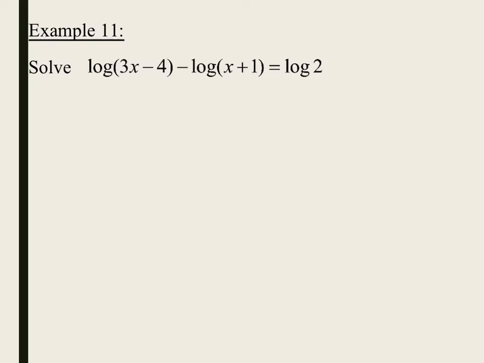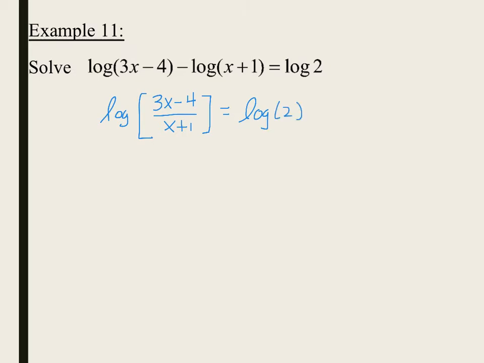So here we'll have to rewrite this as the log of 3x minus 4 divided by x plus 1. That is the quotient rule of logarithms, equals log 2. That's our first step here.